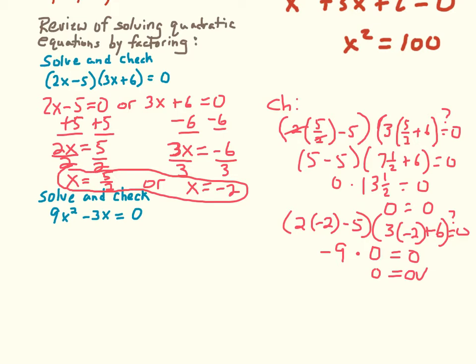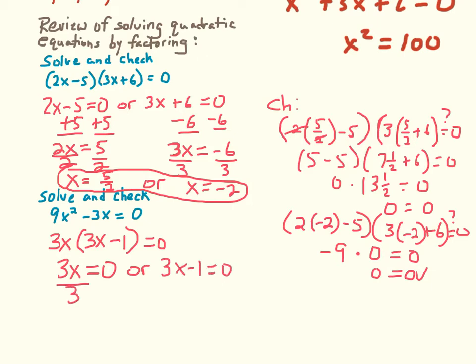All right, the next one we have is 9x squared minus 3x equals 0. Again, I'm going to solve this by factoring. I've got a common factor in both terms of 3x. That'll leave me with 3x minus 1 equals 0. And I have these two factors multiplied together equals 0, so 3x equals 0, or 3x minus 1 equals 0.